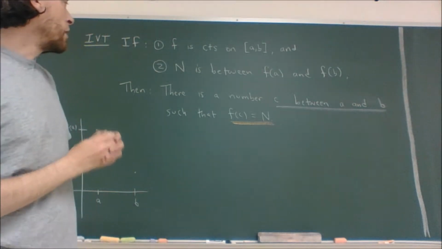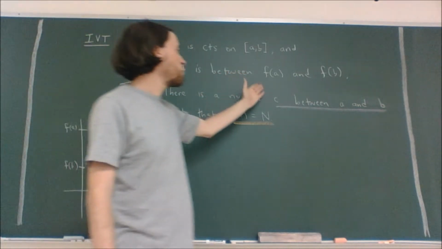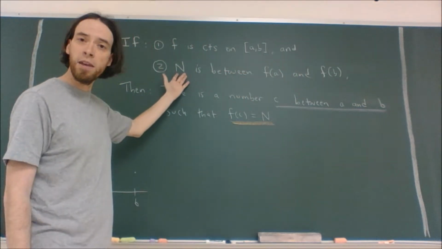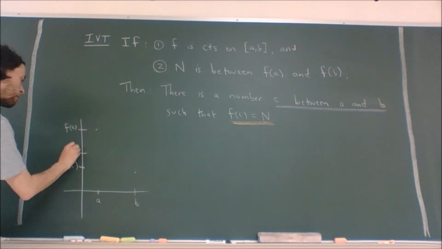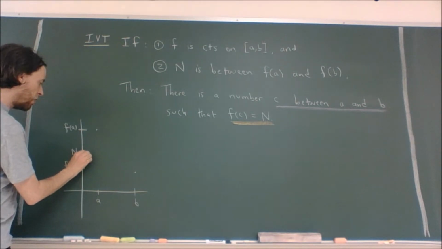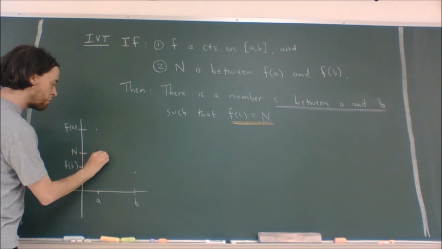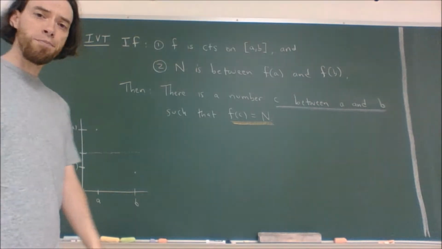What else do we need to put in here? We need this number capital N that's between f of a and f of b, so it's between these two y values, so we're going to think of it as a y value. So we'll put that in here, somewhere between f of a and f of b, and we'll put a dotted horizontal line going through that capital N on the y-axis there.